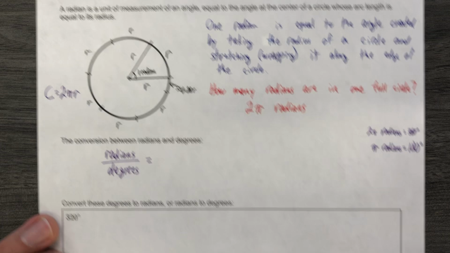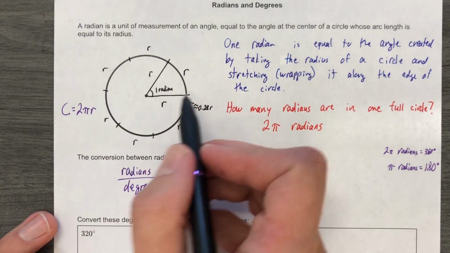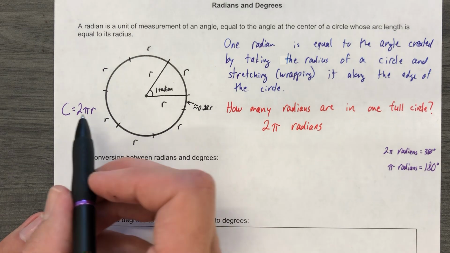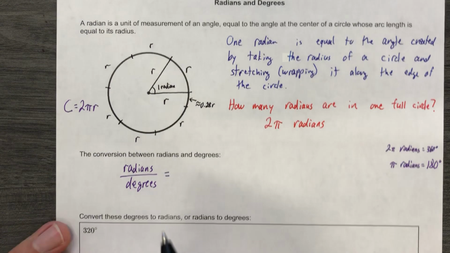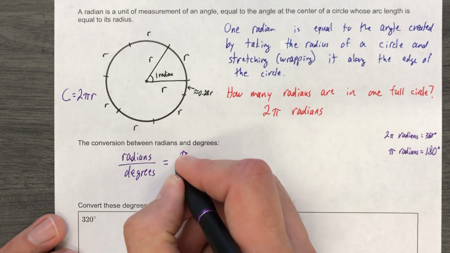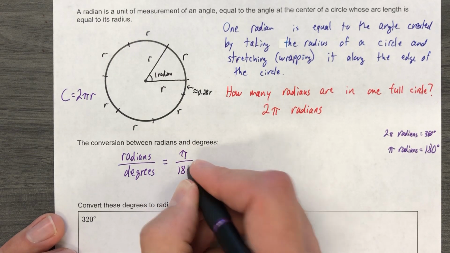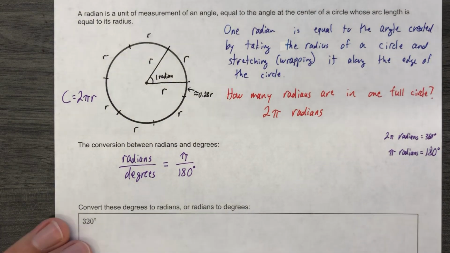So we can make it all the way around to the exact opposite end of the circle at 180 degrees by doing not 2 pi, which will go all the way around, but just 1 pi. So radians over degrees equals pi over 180 degrees. Okay, we're going to use that as we move forward.